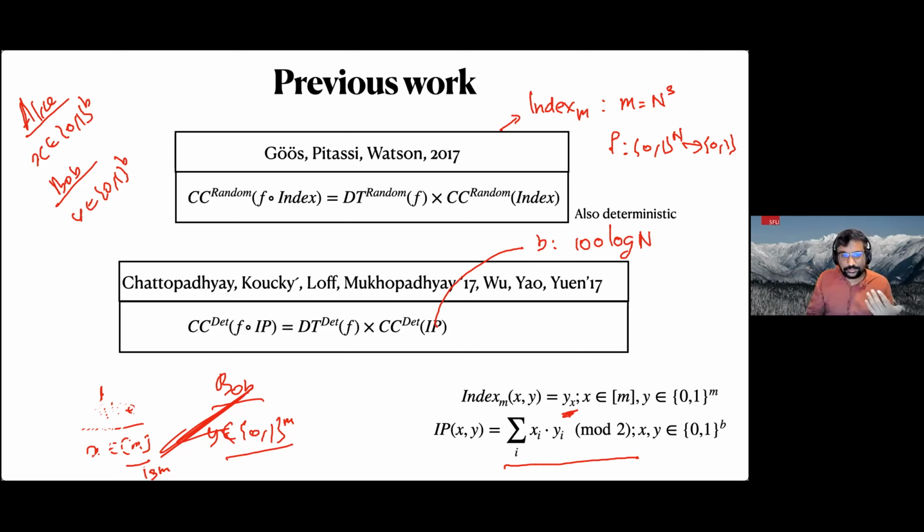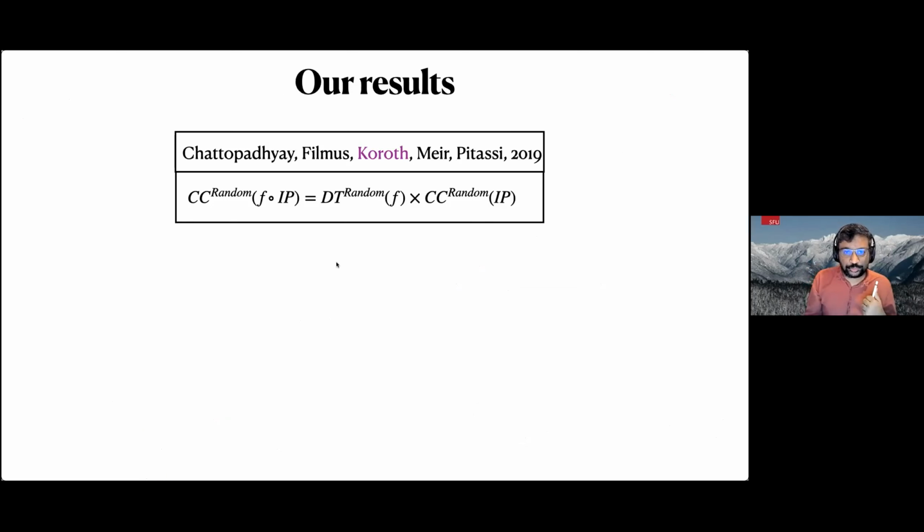There have also been some recent improvements to the gadget size for the index gadget, using a connection to the sunflower lemma from combinatorics, and maybe you've seen Ian's talk. Using a different proof, m is almost linear now, but going beyond linear in the case of the index gadget, or smaller than logarithmic in the case of the inner product gadget, is a challenging open problem.